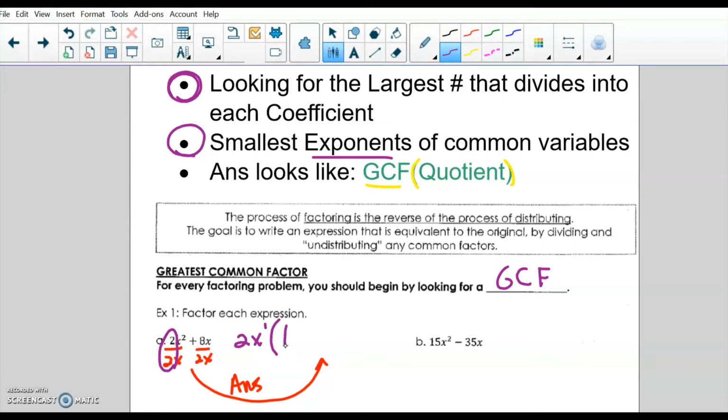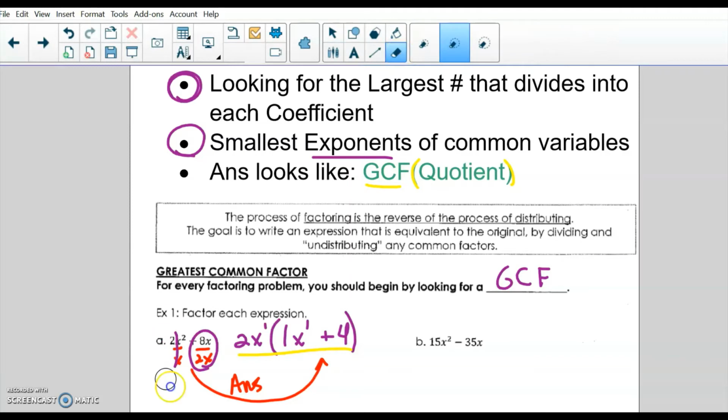Division of variables means you subtract the exponent. So that's x to the first. So that finishes off the 2x squared divided by 2x. Plus, now we'll do this division. 8 divided by 2 is 4. x divided by x. If you have an x and you take that x away by division, you have no more x's, and that becomes the answer to that GCF factor.